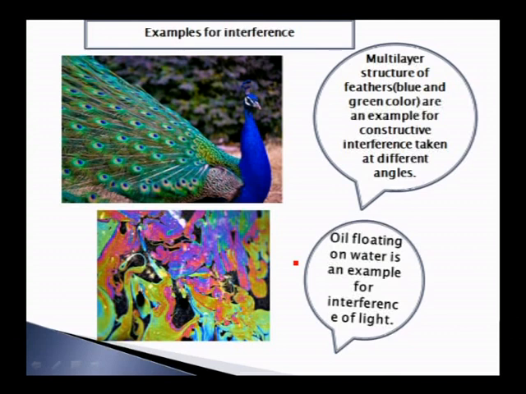Because of that you can see more blue color and more green color. Whereas, if you look at the oil floating on the water surface, again you have this because of the interference of light.